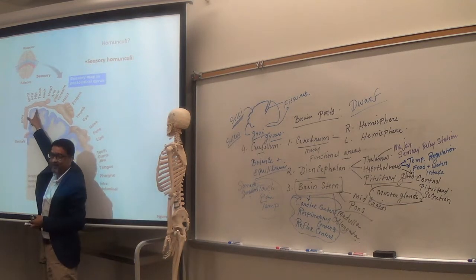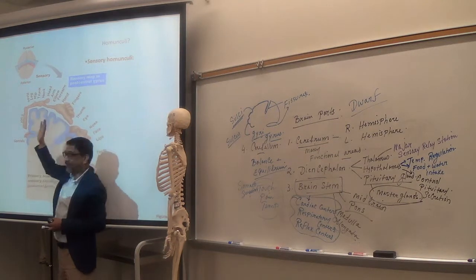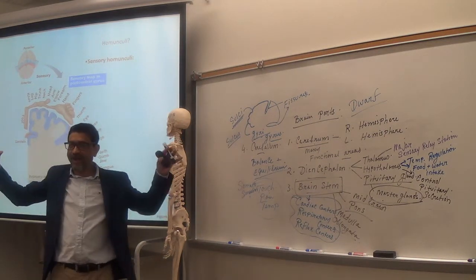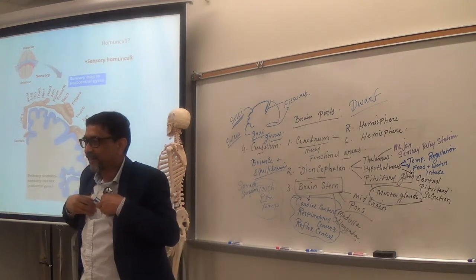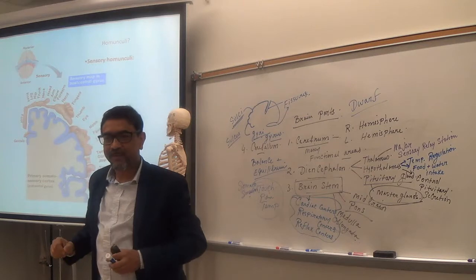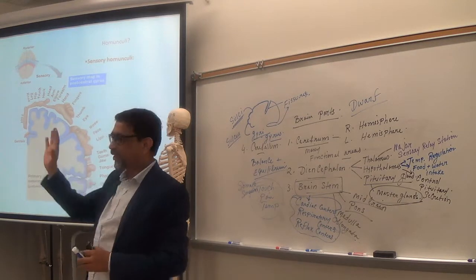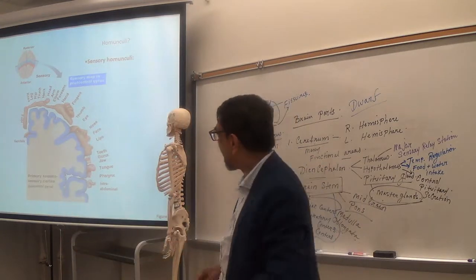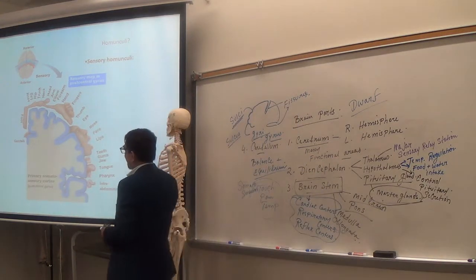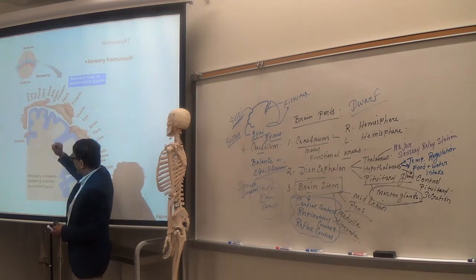The trunk part is very small, right? The hands are very big. So big hands, big head, small trunk. Feet are big. So that's the shape of that map, your own body map, present in the somatosensory and motor cortex.